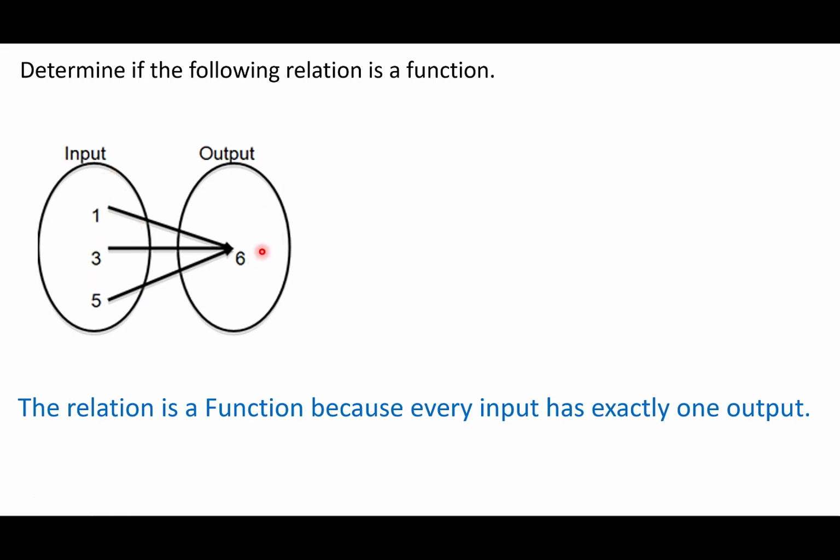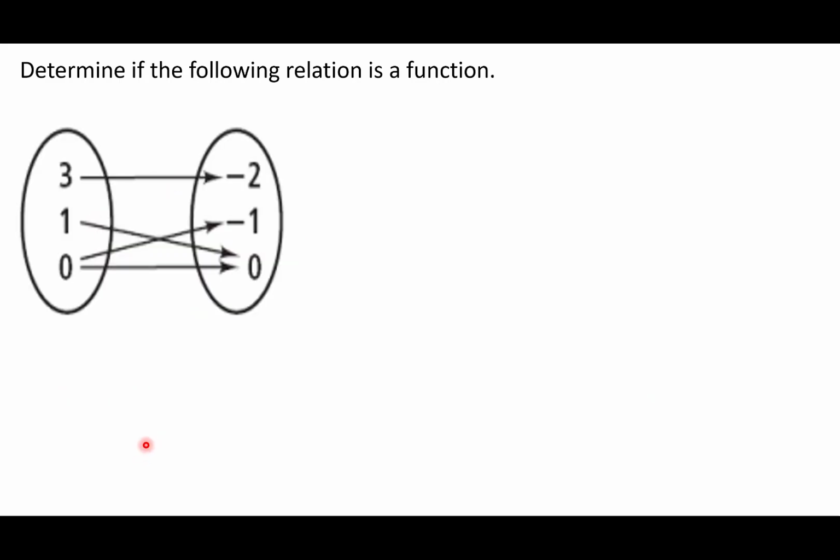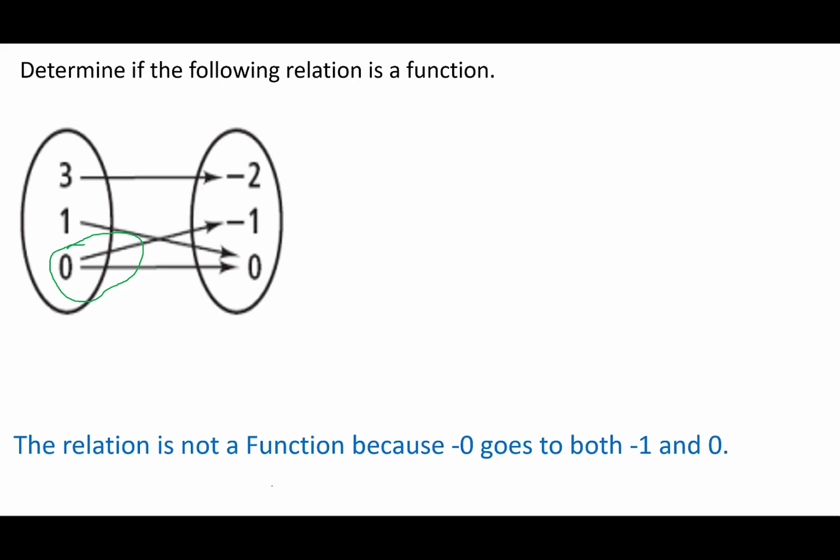Again, it does not matter that my output is the same for all three. All right, so notice here, 0 has 2 arrows going from it. Okay, this is not a function because, oops, that's not supposed to have a negative in front of it. Ignore that. 0 goes to both -1 and 0.